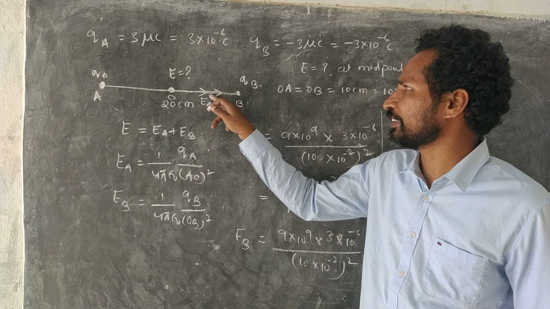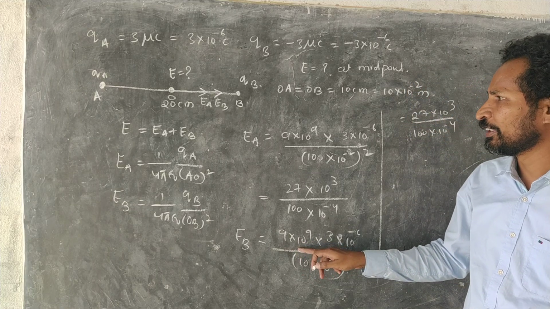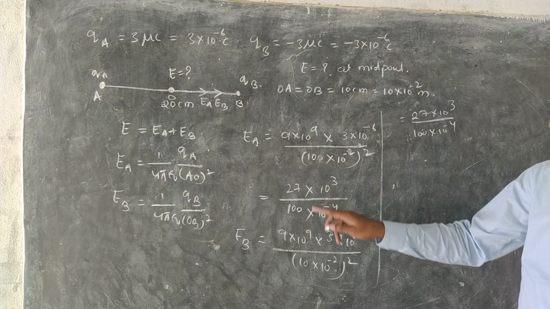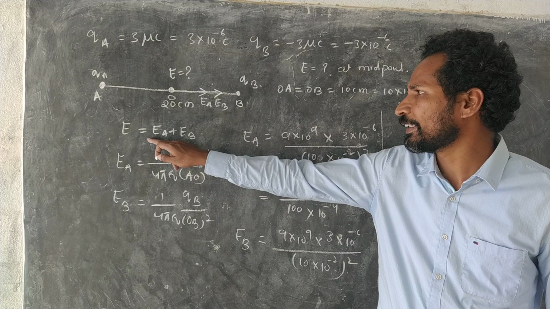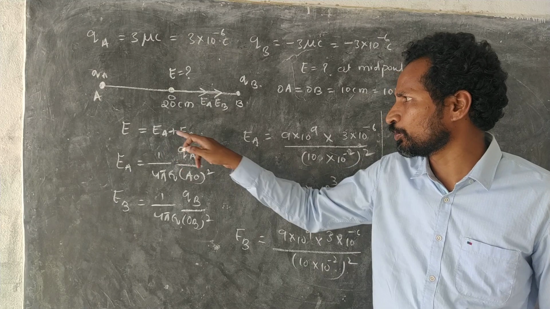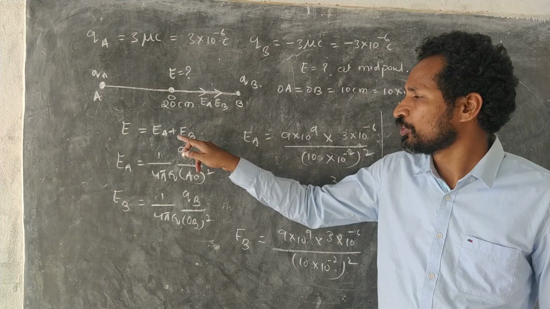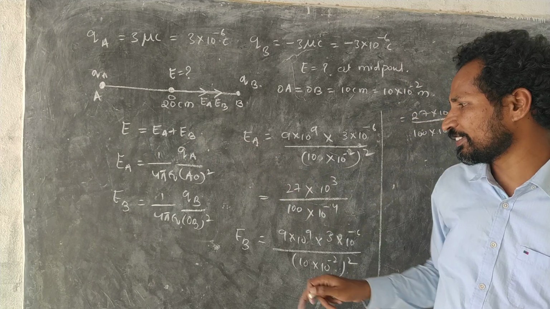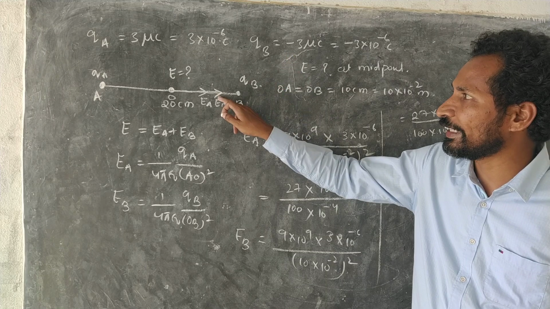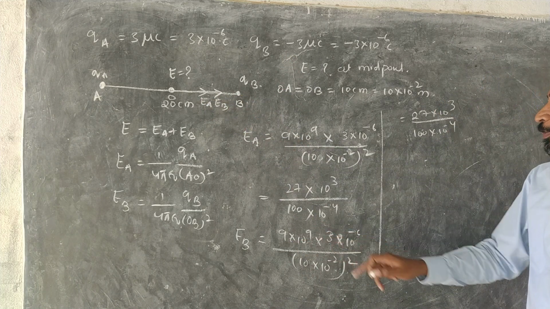It is acting inwards in the direction I mentioned, so no need to take minus in the substitution. If you take minus, then EA is positive and EB is negative, and in the net resultant EA plus EB, the positive and negative will cancel. So don't take negative here. Negative represents only direction. Already the direction is mentioned, and now I calculated the magnitude.